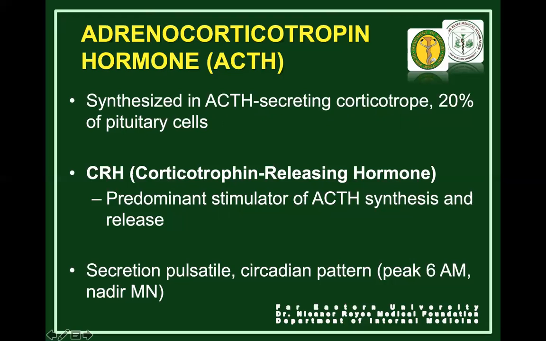Like the growth hormone, its secretion is pulsatile, so it has a pattern. So it peaks around 6 a.m. and its nadir is at midnight. So when you look at it at around 6 a.m., when you start waking up, you will need all your ACTH, all your stress hormones with you.